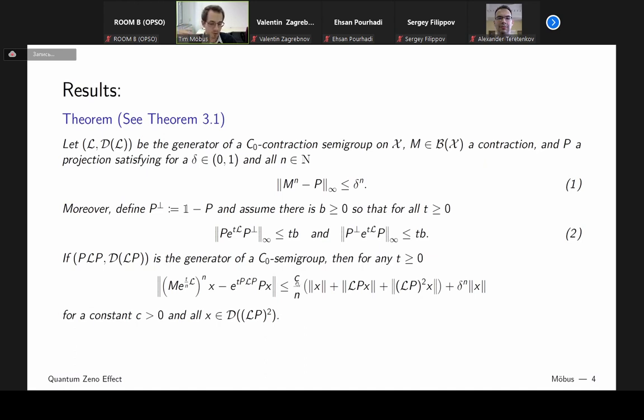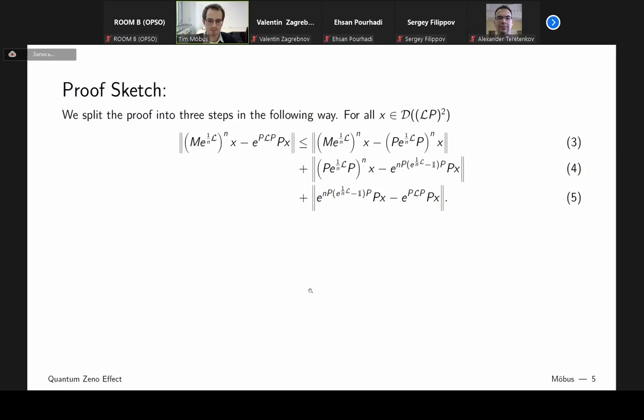So in our proof, we construct this constant, and lately there was a paper which already used this, because it seems to be not that bad, the constant. And then we have some dependencies on LP, LP squared and LP and X. Okay, so let's go on to the proof sketch.